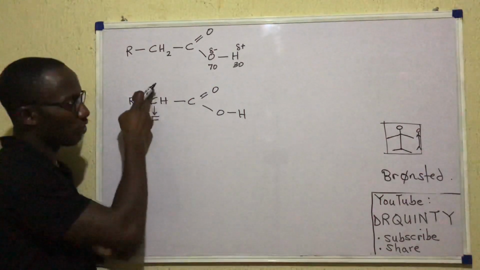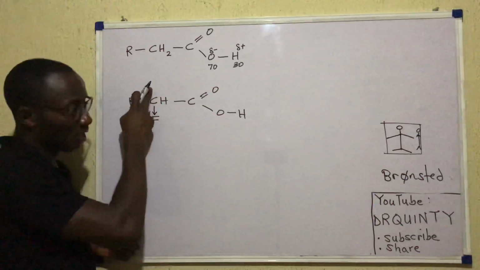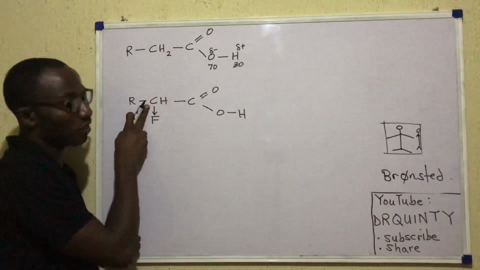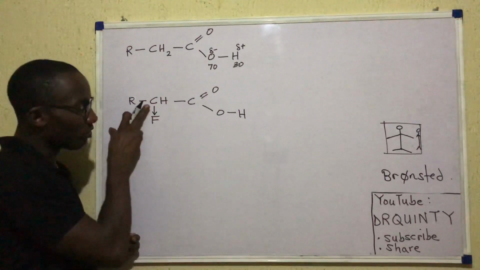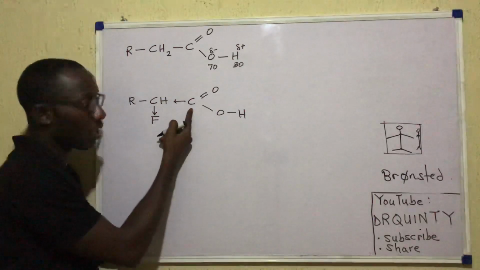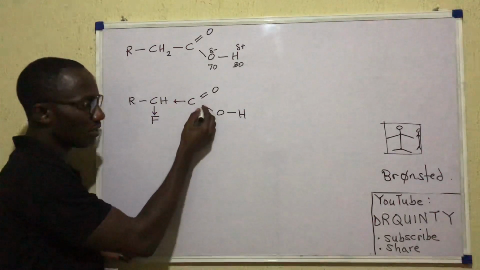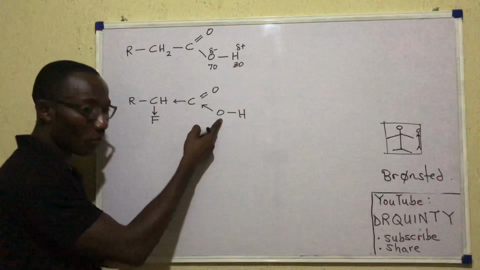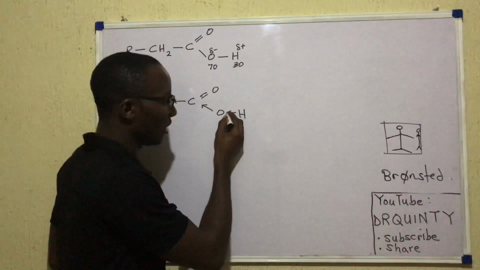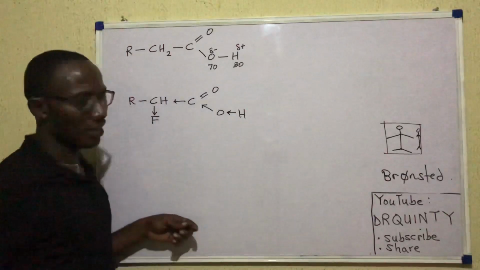Remember that hydrogen is up there in reality. So fluorine will withdraw from this carbon. That effect will be transmitted by way of this carbon withdrawing electrons from that carbon. That carbon will in turn withdraw electrons from this oxygen, and then oxygen will withdraw electrons from the hydrogen.